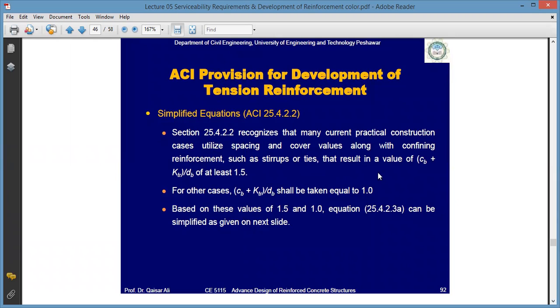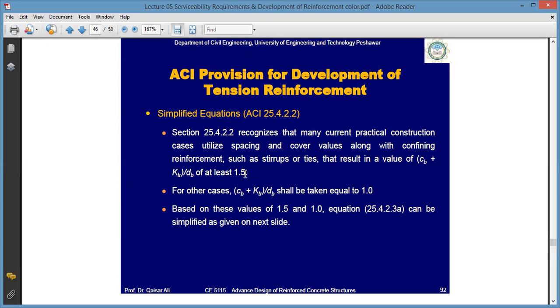Now the equation mentioned there can be further simplified. Section 25.4.2.2 recognizes that many current practical construction cases utilize spacing and cover values along with confining reinforcement such as stirrups or ties that result in a value equal to around 1.5.